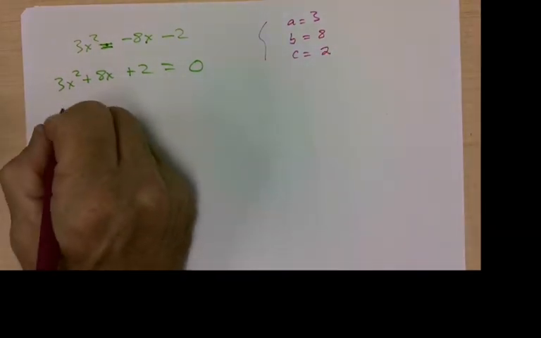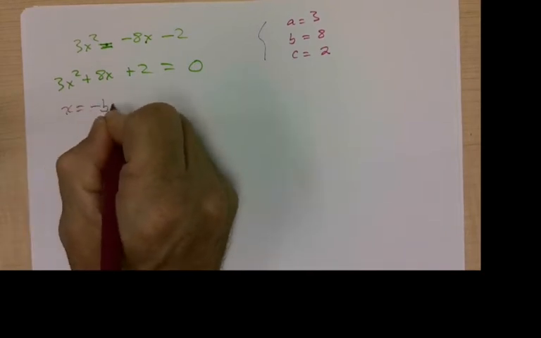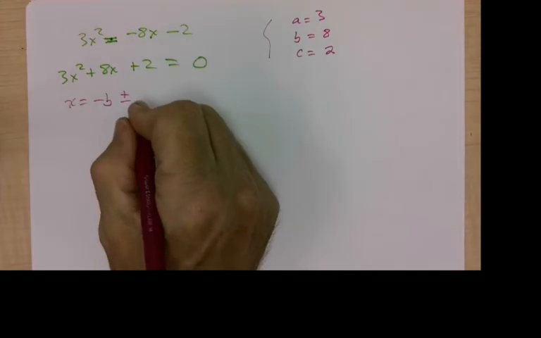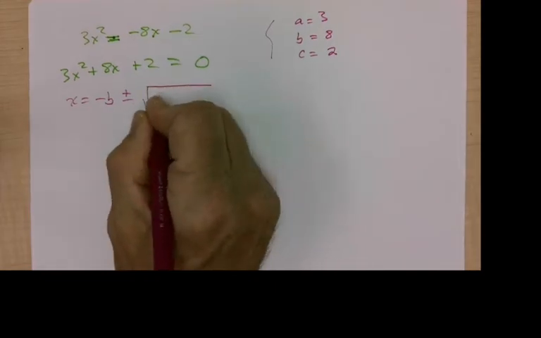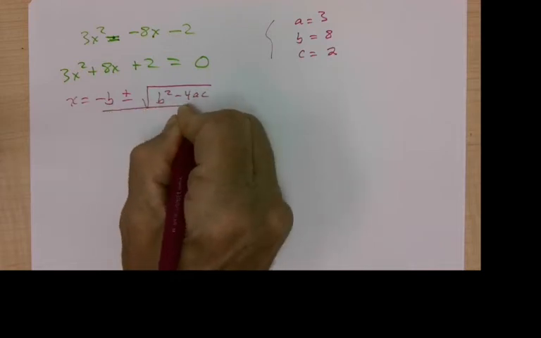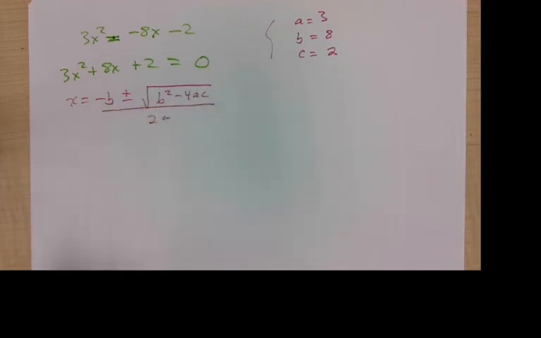So my equation is x equals negative b plus or minus the square root of b squared minus 4ac, all over 2a. So what do I get?